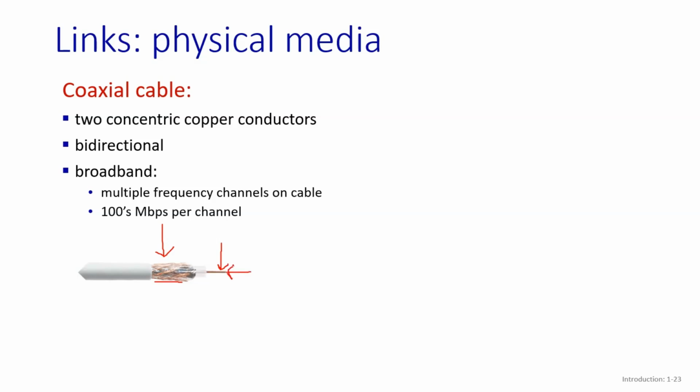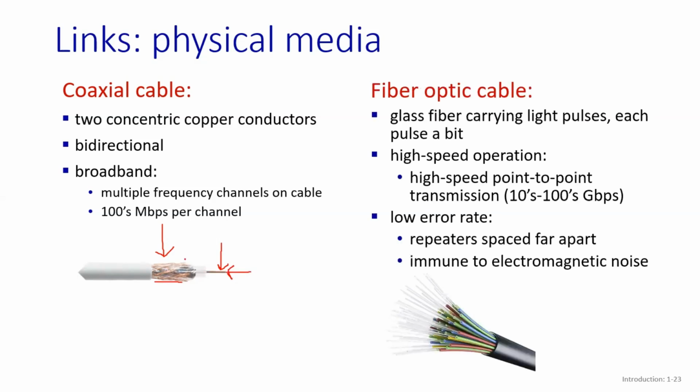So we have two copper conductors, one right here and the other one there. They're not parallel, they're concentric. It is bidirectional, and it is used in broadband as well. It has multiple frequency channels on cable, and it has 100 MB per second per channel capacity.